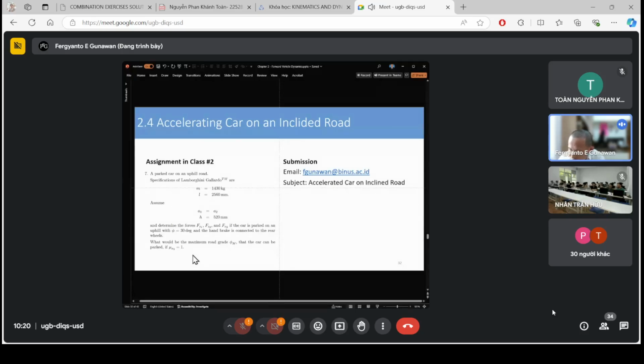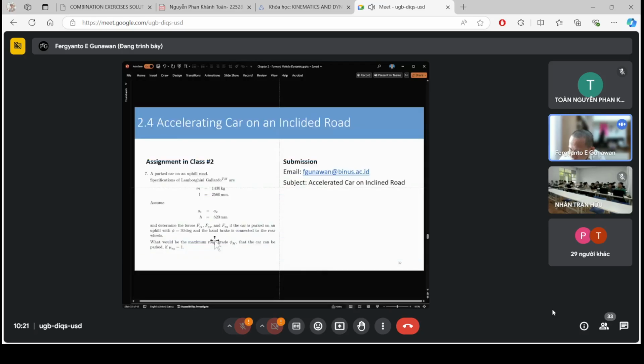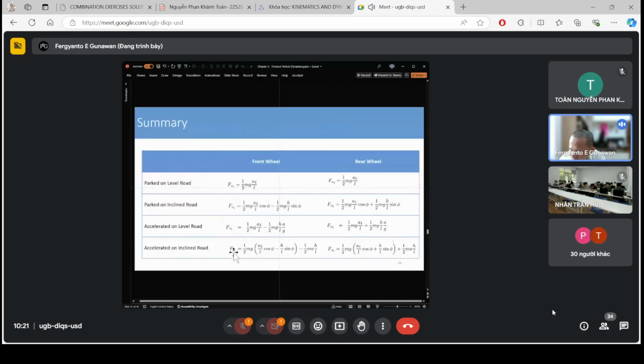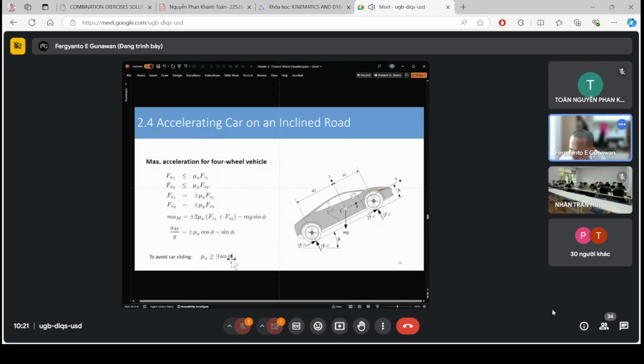So to solve this problem, it's very important for you to use this equation, right? This equation is very important, and for Fx2, you can draw the free body diagram. For the maximum angle in case of the rear wheel brake, it should not exceed this.